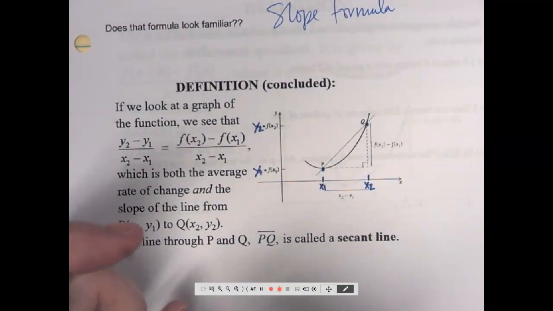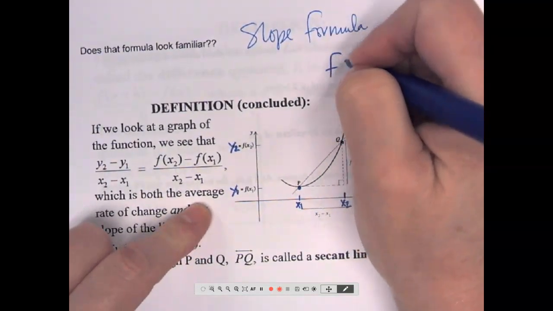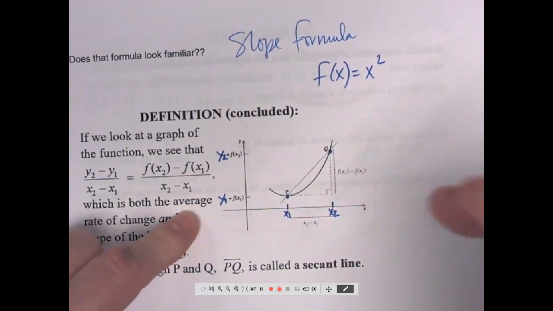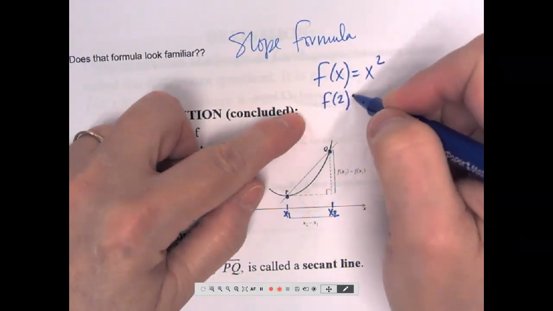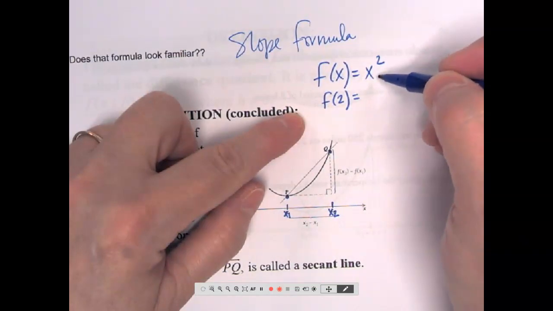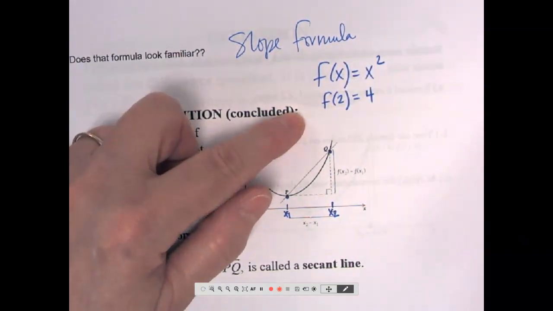Okay, but think about this. If I had a function, let's just say it's x squared, and I wanted you to plug in 2, then I would say find f of 2, right? And if I plugged in 2 and squared it and I got 4, then I would say f of 2 is 4.